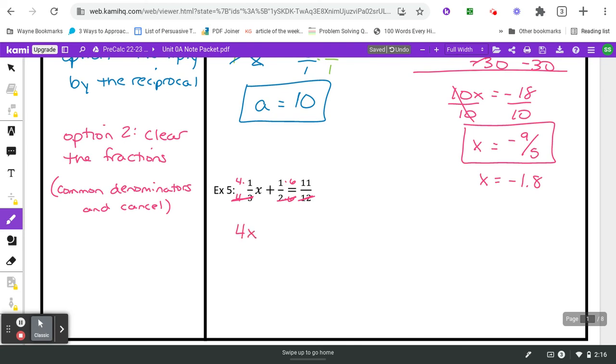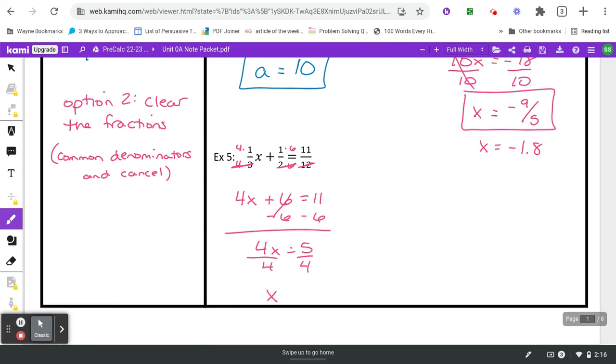And then just bring down the numerators after you've multiplied things together. And solve as usual. Five fourths or 1.25.